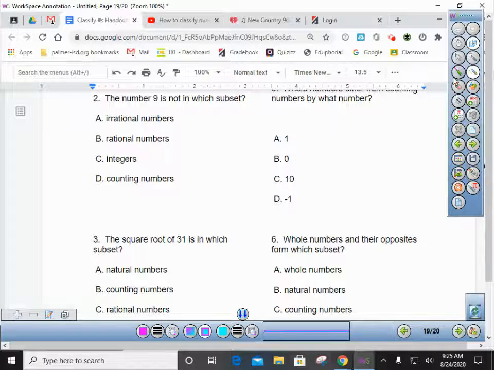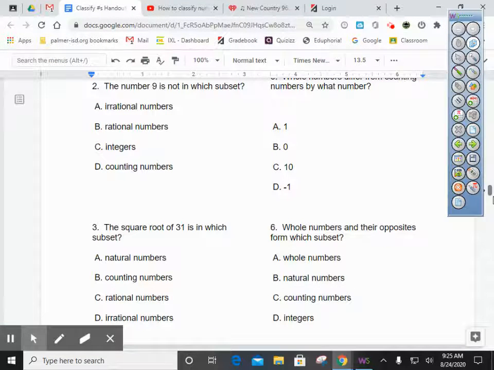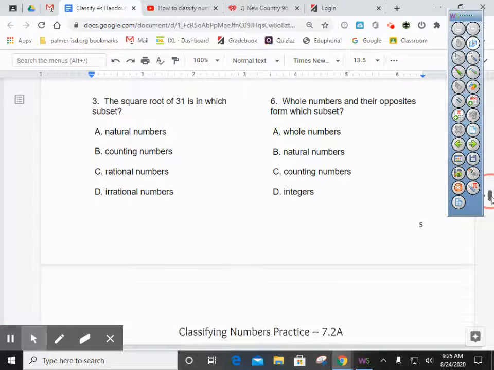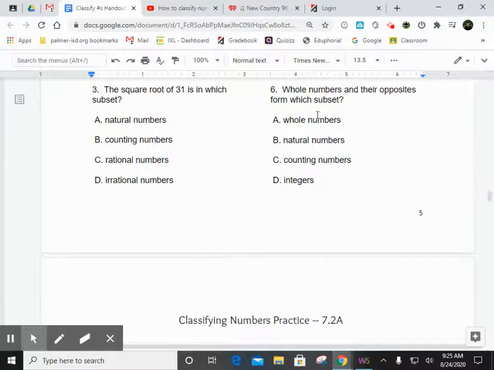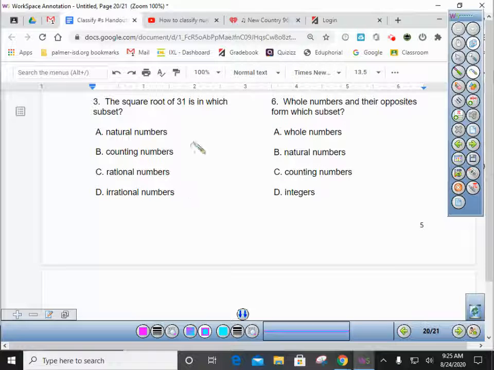If you look at number 3, you can just circle your answers. There's not a lot of show your work on classifying numbers. Do it. Hurry. Number 3: the square root of 31 is in which subset? So, square root 31, where does it go? Gracie's already answered one. Matthew's already answered one.